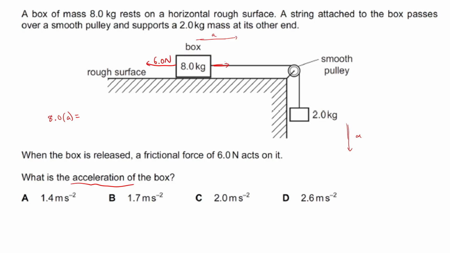There's also a tension force here that pulls the box on opposite ends. So for the first one, the box, we have 8.0 A is equal to T minus 6.0 newtons.